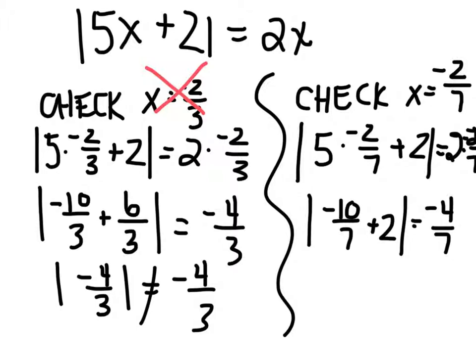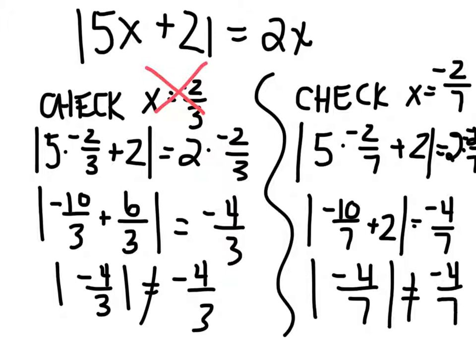You're going to see again here that the absolute value of negative 4/7 is not equal to negative 4/7. It's just not possible to take the absolute value of something and have it equal to a negative value. So the real solution to this equation is that it has no solutions, because the two solutions we found are actually extraneous solutions. They're extra imposter solutions.